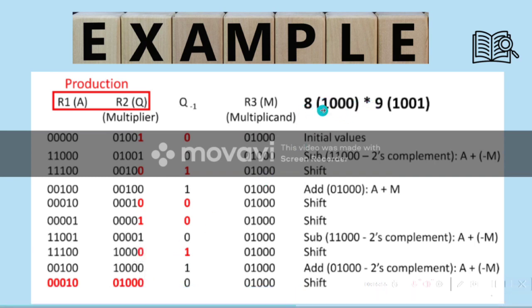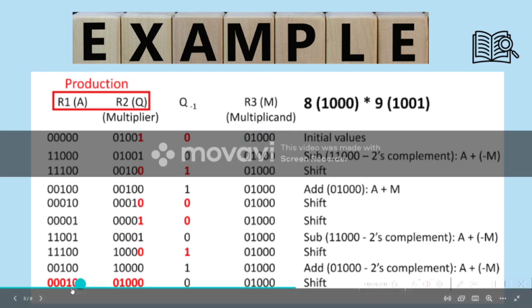So the answer that we get is 72, which is printed into this last line of the table, which is the binary representation of 72.